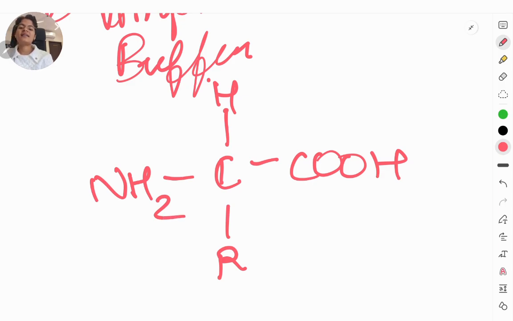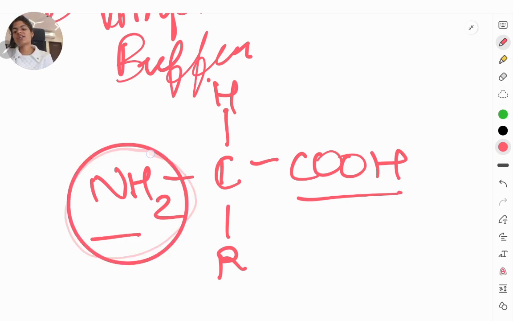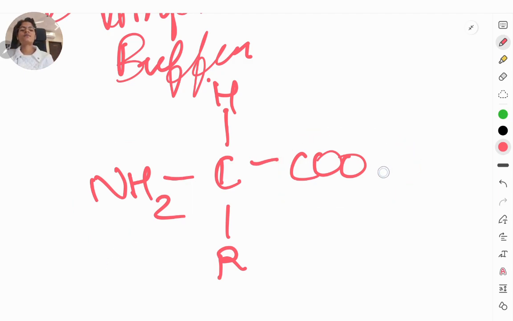So amino acid, amine group, acid. Here, always remember that base is always ready to take H plus and acid is always ready to give out H plus. So COOH gave H plus and NH2 took H plus to become NH3, and whenever it takes, it occupies a plus charge. So this is minus, and in this molecule, it is called zwitterion.